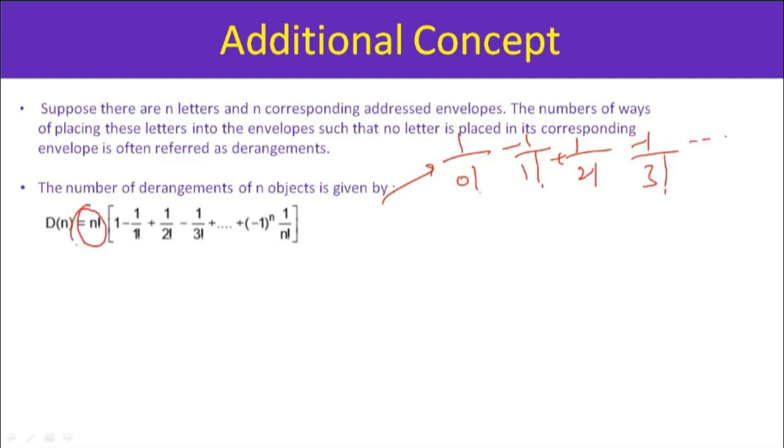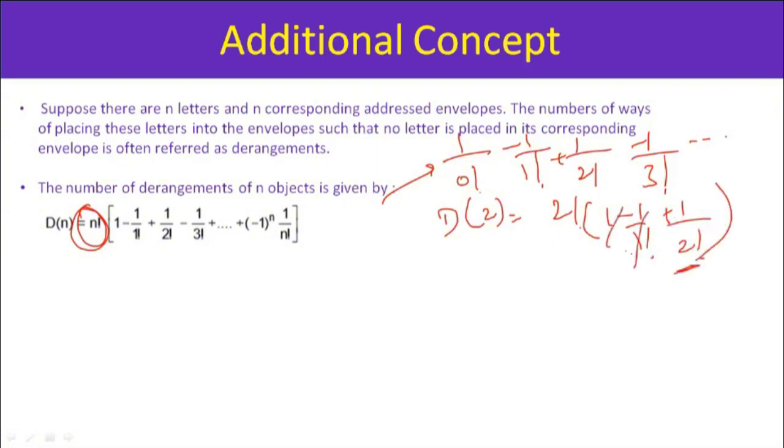This becomes the formula. So for example, if I have to derange two objects, 2 factorial into 1 minus 1 upon 1 factorial plus 1 by 2 factorial. I will only go till 2, right? So this gets cancelled. This is nothing but 1.